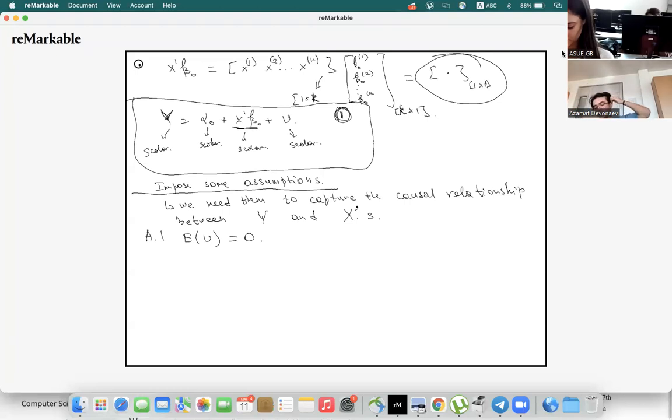This assumption is not a really strong assumption. It's not restrictive.